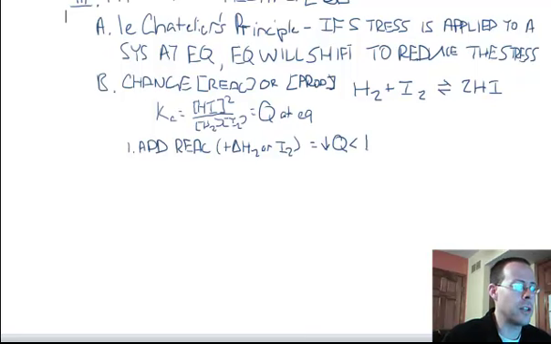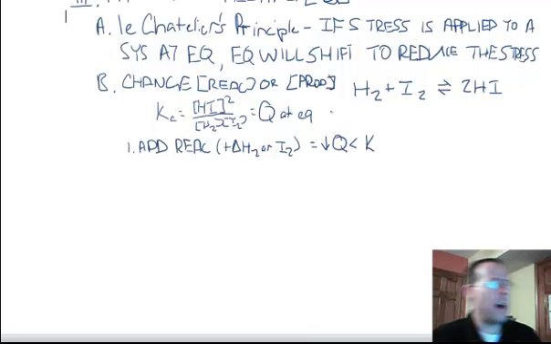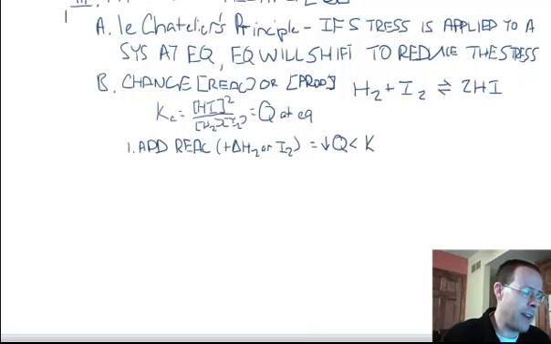So we might say Q is less than K. So how will equilibrium reestablish itself in order to make Q back to the size of K? Well, in order to do that, if we're adding a reactant, more product is going to need to be made. Alright? So we might say forward reaction occurs to reduce stress.